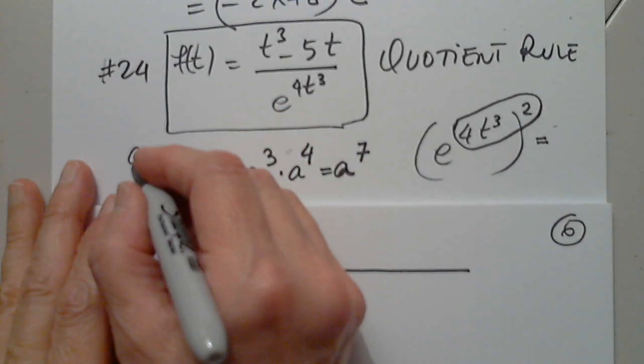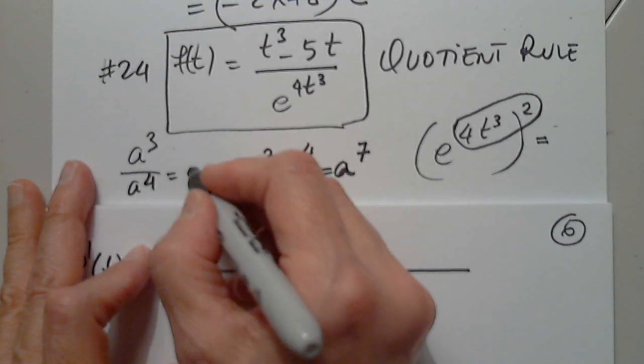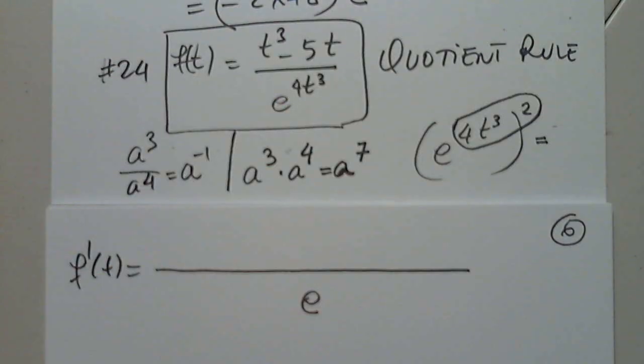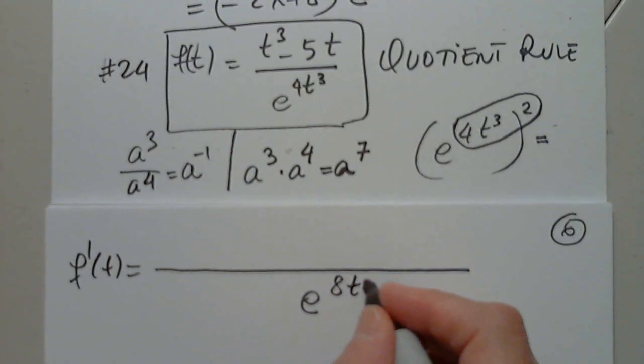Division is right here. A to the third over a to the fourth. When we divide, we copy the base. 3 minus 4, negative 1. So if it's not addition and it's not subtraction, what do we do? Multiply. Correct. 4t cubed times 2 will be 8t to the third.